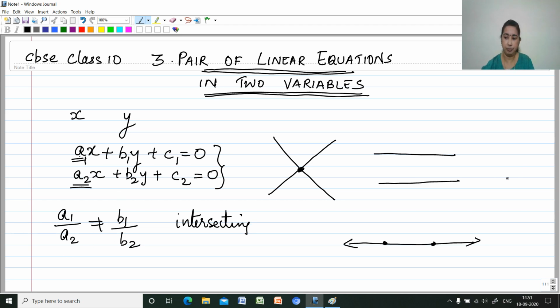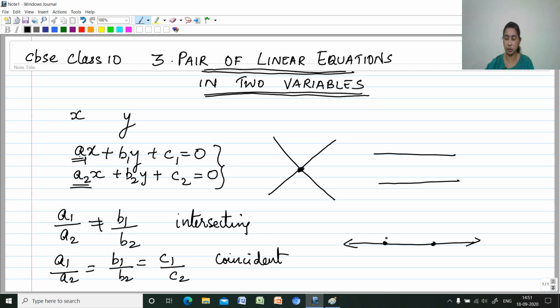Now, if a1 by a2 is equal to b1 by b2 is equal to c1 by c2, then we call it coincident lines. That is, both the lines will be one upon the other.